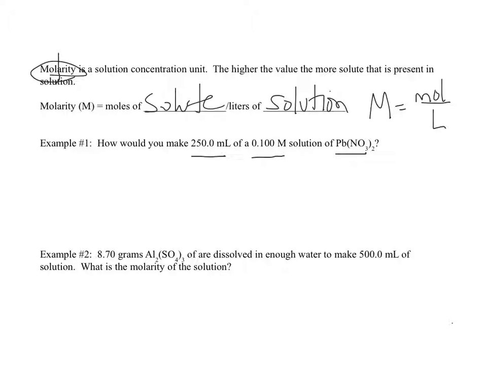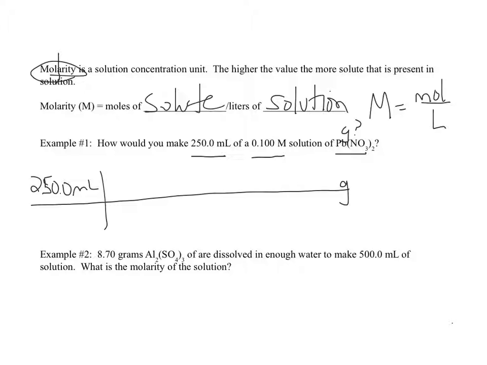So I need to figure out how many grams of this I need. So it's really a bridge problem starting with volume and ending with grams. How many grams you need depends on how much solution you're going to make.